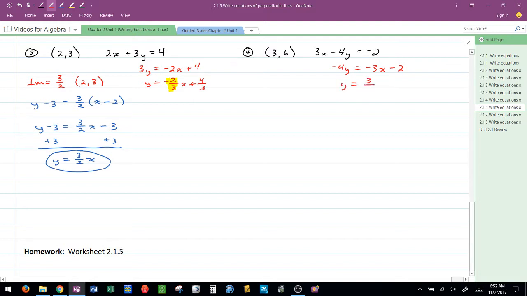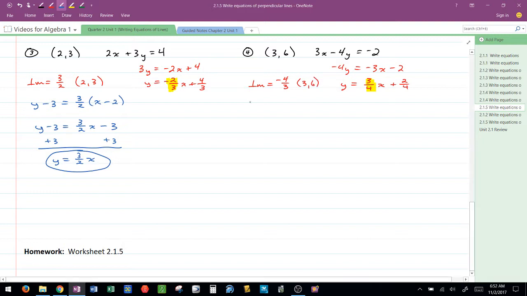That gives me positive 3/4 x plus 2/4, or 1/2. But remember, that's my key. I want to figure out what the slope is. If the slope of the given line is 3/4, then the perpendicular slope has to be negative 4/3. And they want us to put it through this point (3, 6).